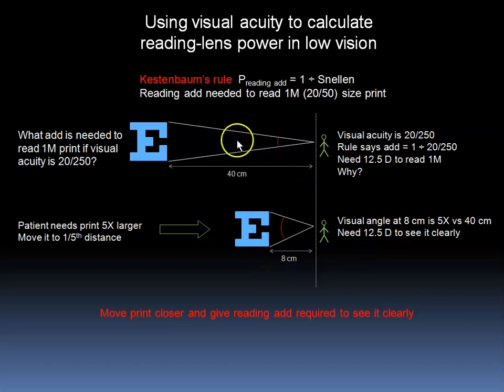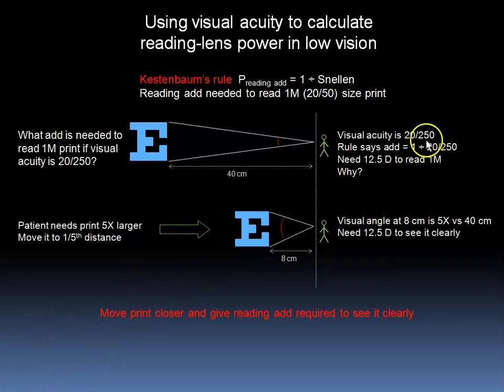In other words, although Kestenbaum's rule looks like it is telling you what reading add is required, what it is really doing is telling you how close the object needs to be, because the inverse of that in meters gives you the power of the glasses needed in order to see clearly at that distance.